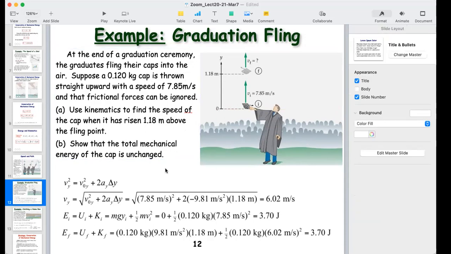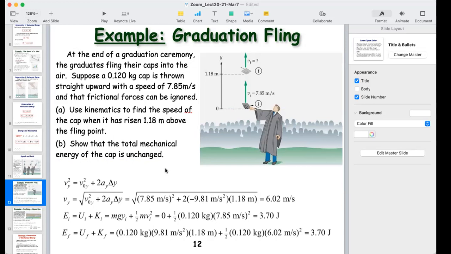Use kinematics to find the speed of the cap when it has risen 1.18 meters above the fling point, and show that the total mechanical energy of the cap is unchanged.